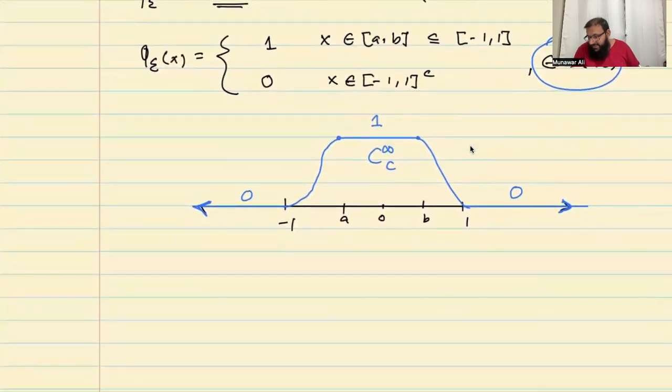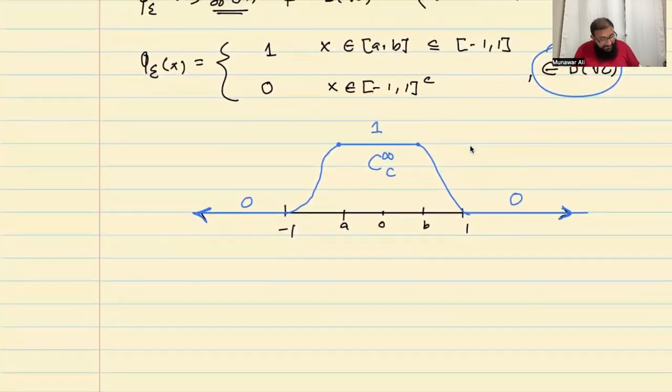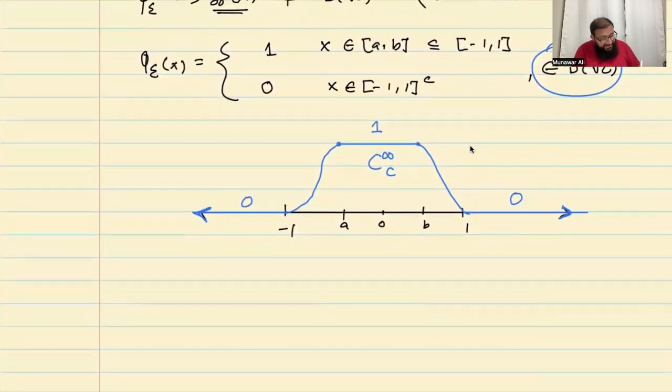Yeah, I think I missed one thing. This should be some b plus epsilon, and this should be some a minus epsilon, and this is non-zero up to here.